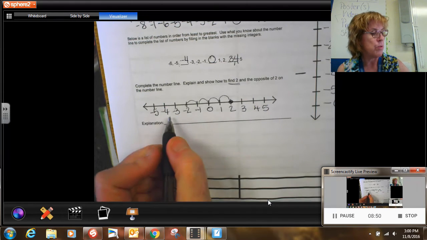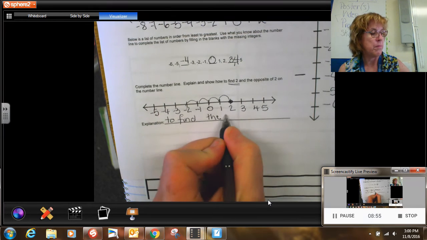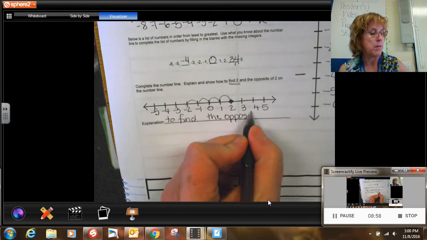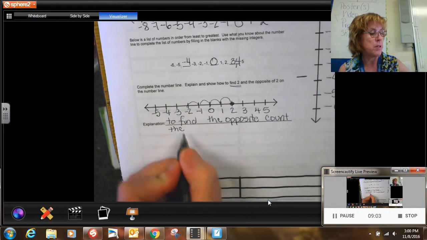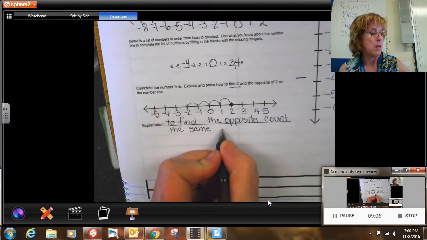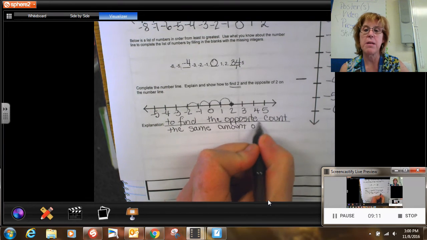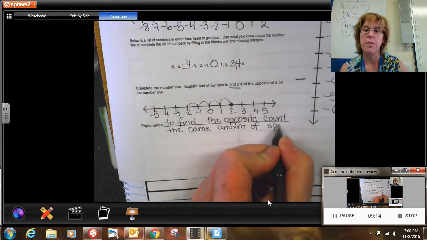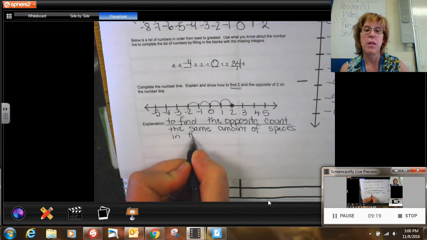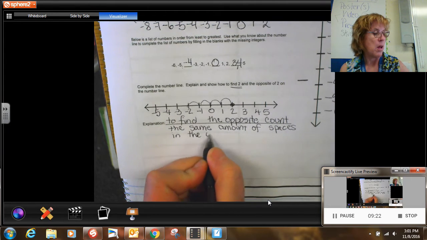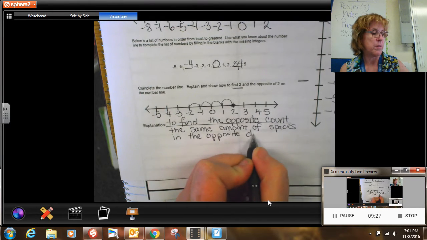So, to find the opposite, count the same amount of spaces in the opposite direction.